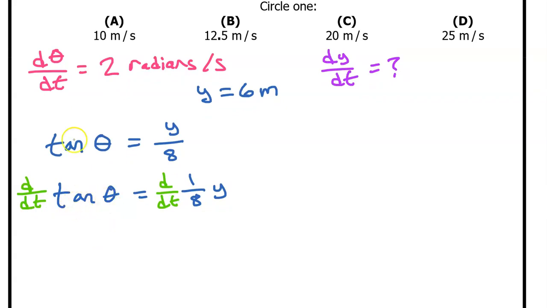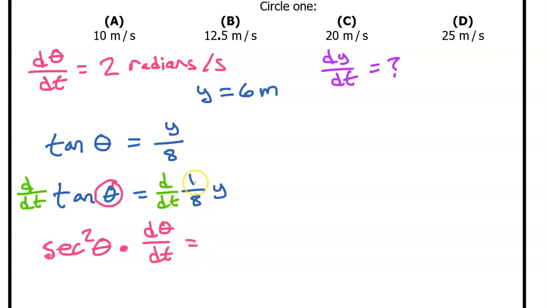So the derivative of tangent is secant squared. But be careful, this will be the chain rule because these variables don't match. So the derivative of tangent is secant squared. However, I need to multiply now by the derivative of the inner function, which is d theta/dt, chain rule.